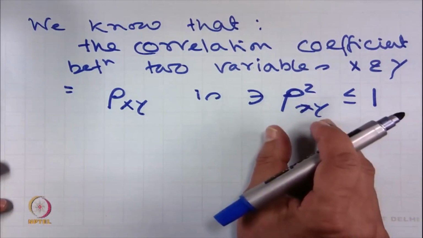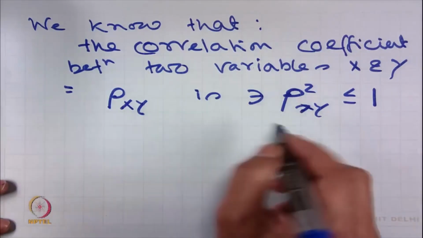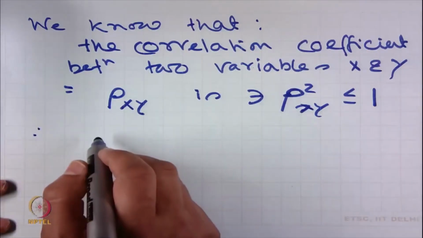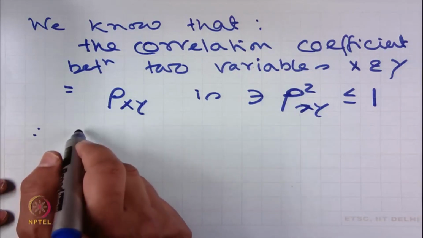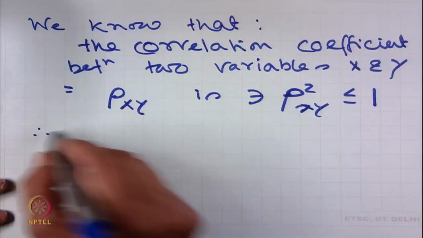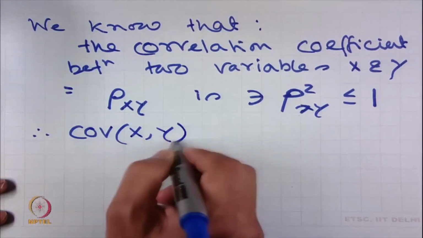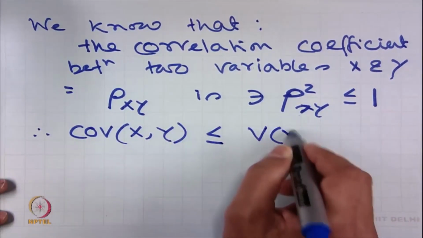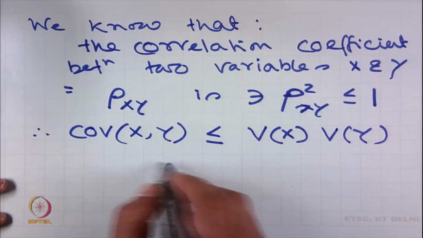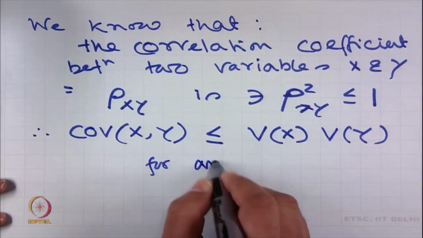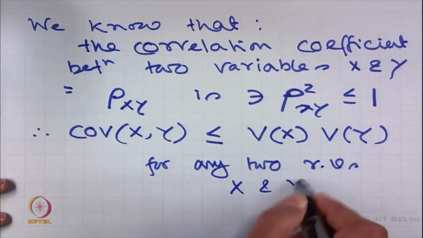That is because the mod value of rho x y has to be less than or equal to 1. Now, what is rho? Rho is equal to covariance of x y upon root over variance of x and variance of y. Therefore, covariance of x y square is less than or equal to variance of x into variance of y, and this is true for any two random variables x and y.